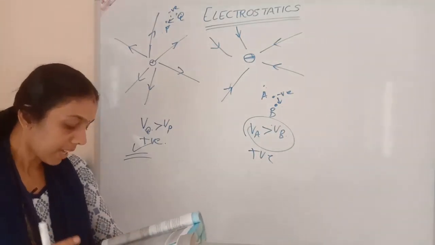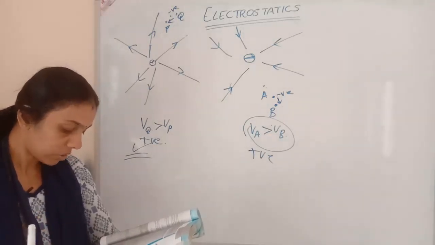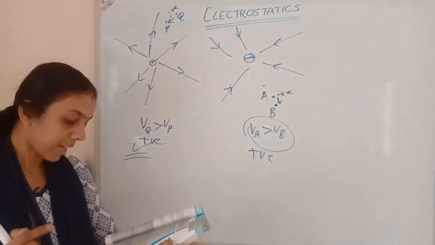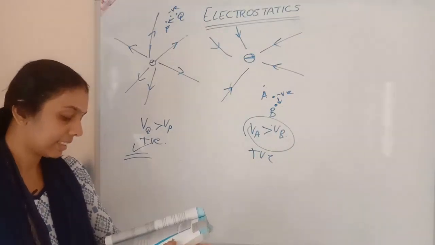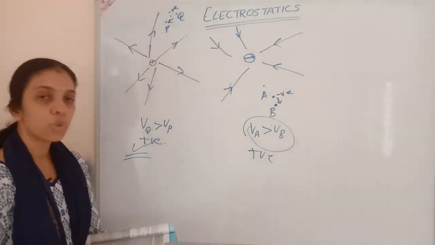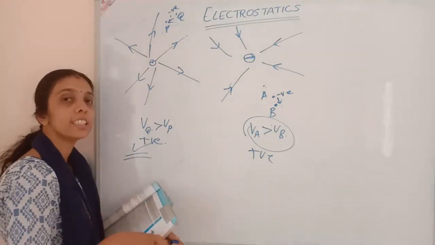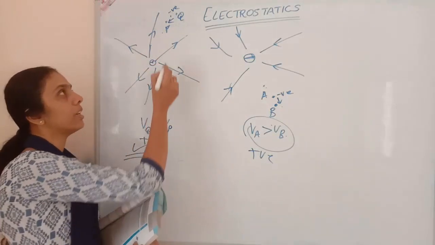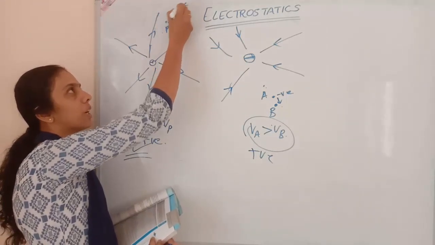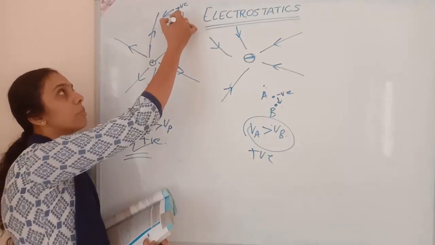Next is, give the sign of work done by the field in moving a small positive charge from Q to P. And the next one, give the sign of work done by the external agency in moving a small negative charge from B to A. So first we should find the work done by the field in moving a small positive charge from Q to P. Actually the electric field will be moving outside, right?